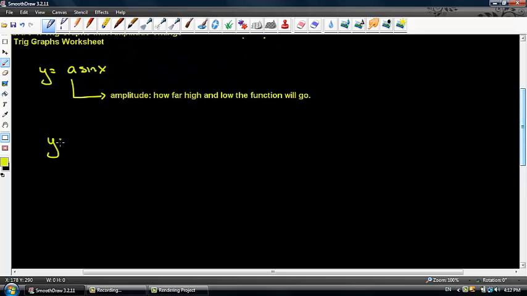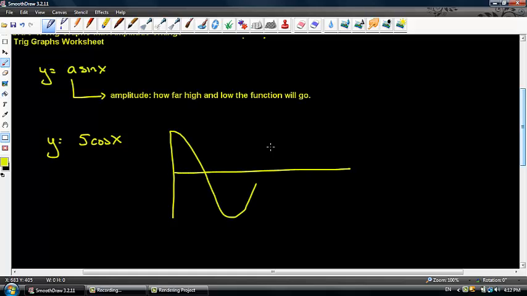Okay, so let's do a couple for cosine. If I say y equals 5 cosine of x, well, cosine's regular graphical function looks like this, where originally the highest and lowest points are at 1. So if I make the amplitude 5, the highest point will be 5 and the lowest point will be -5, and everything else will stay the same.